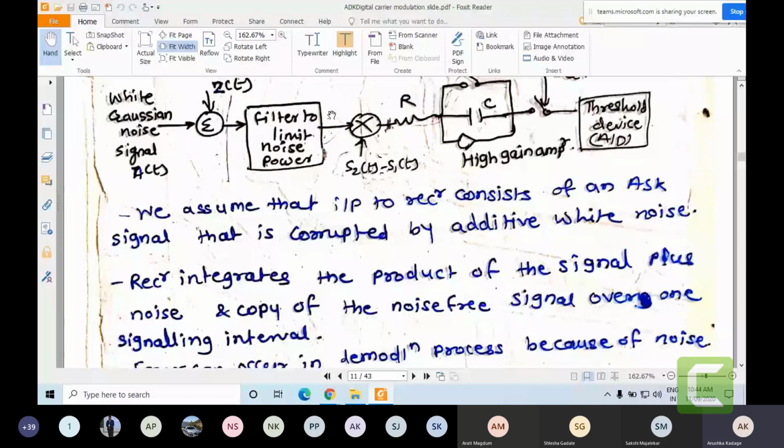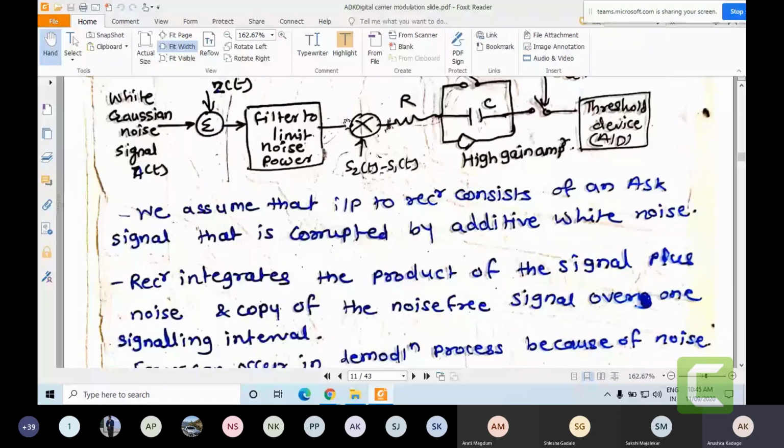So the signal component at the multiplier which got filtered will either have magnitude A cos of omega c t, or it will be 0 because it is ASK modulated output. And this subtraction component will have the value A cos of omega c t. So the multiplication resultant will be either A square cos square omega c t, or it will be 0, based on what the modulated output is.